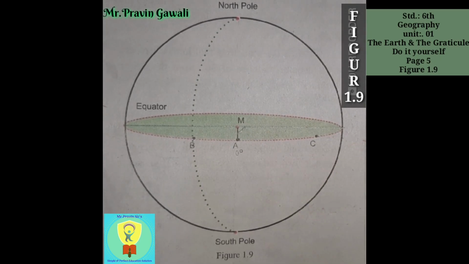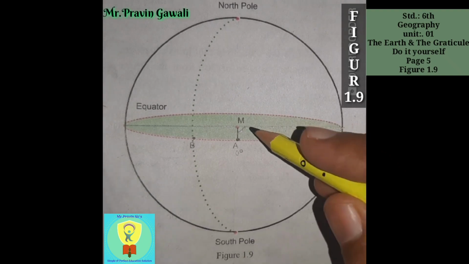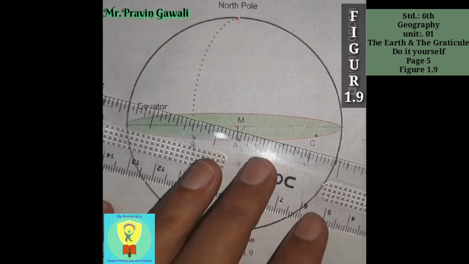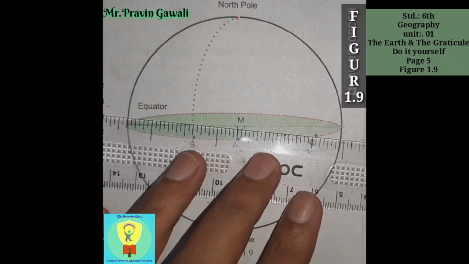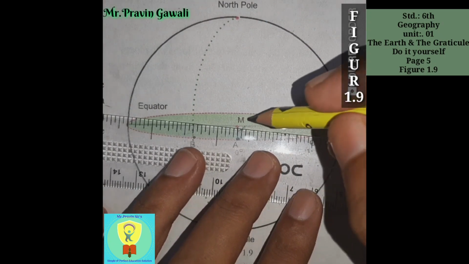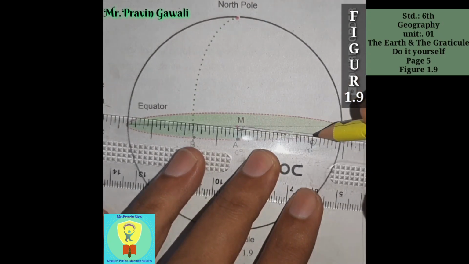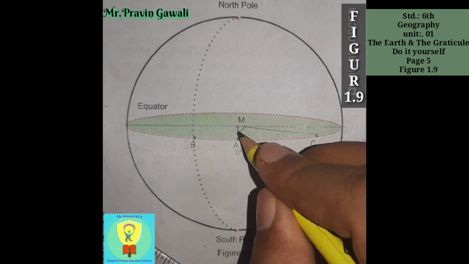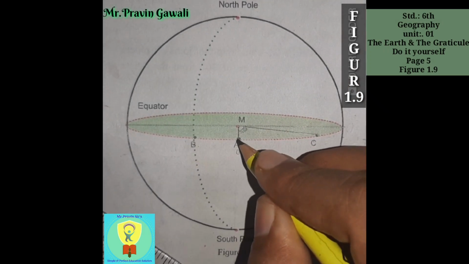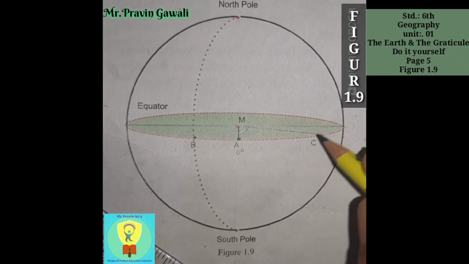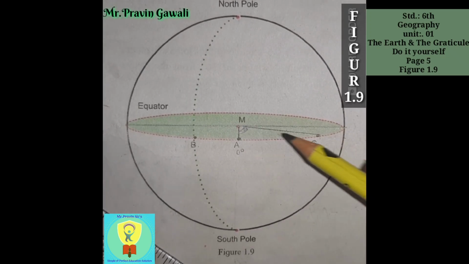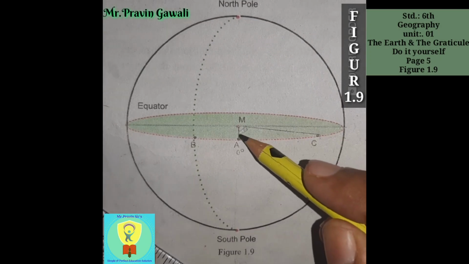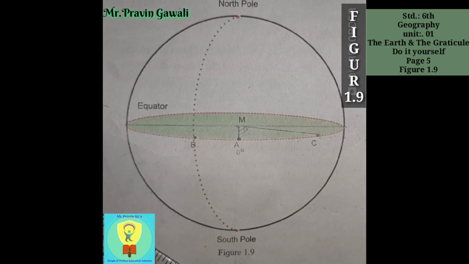Now what is asked? To join MC. Just draw a line joining the two points M and C. Can you see now? Here an angle is formed, that is AMC, and we have to measure this angle AMC.